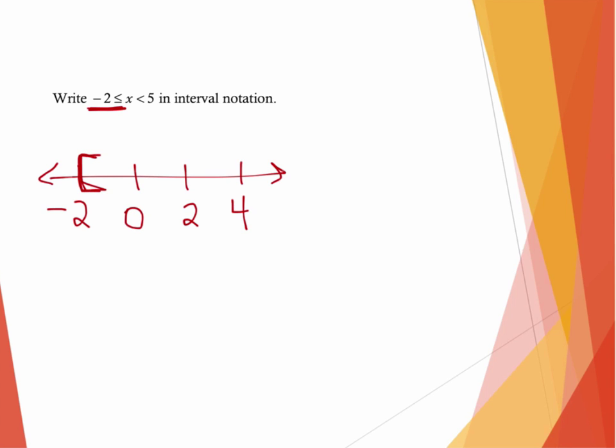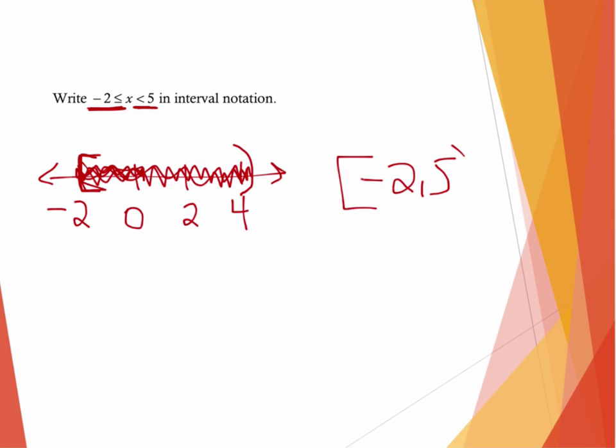So I start at negative 2 and I'm going towards the greater direction. X is also less than 5. So I'm just going to kind of approximate that. I'm a little above 4. And I'm going in the less than direction. So my interval are all the numbers between negative 2 and 5. So negative 2 is the smaller number, 5 is the largest.